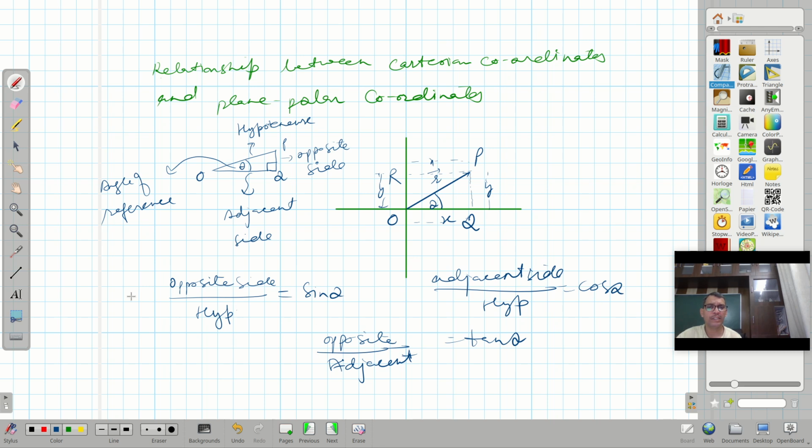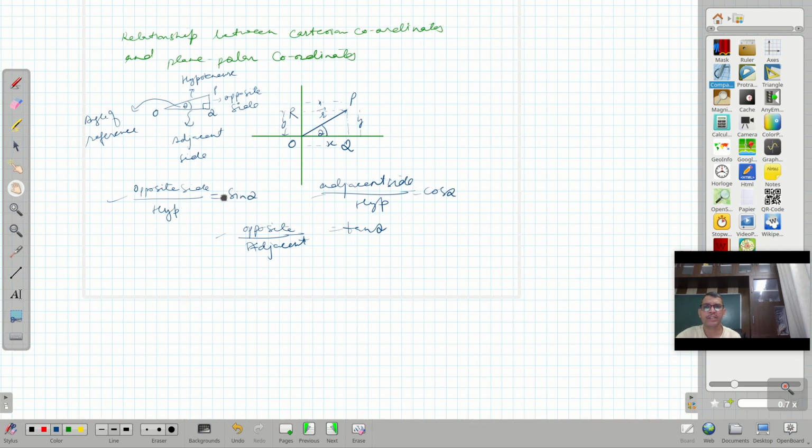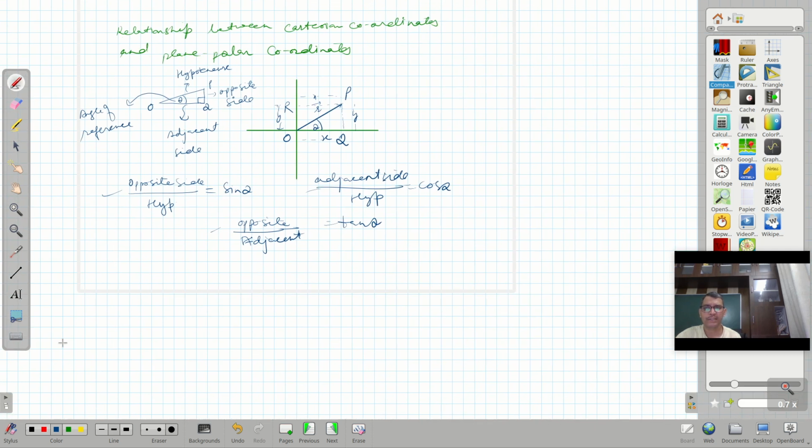If I recall these things, because we have studied them in lower classes, then what is this? OQ upon OP comes out to be cos theta, because it is the adjacent side.